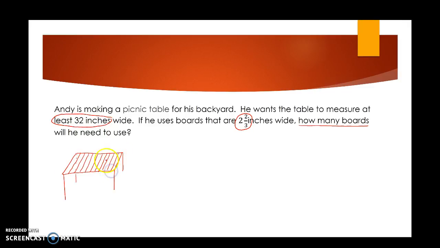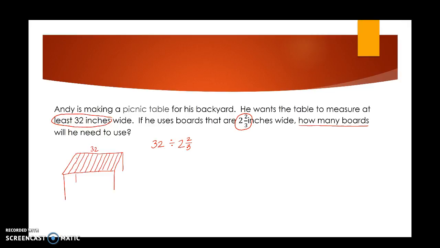So I'm cutting the surface, the entire measurement of the table, into pieces that are 2 2/3 each. So what operation? Division. Perfect. So I'm going to take 32 because that's what I'm dividing into smaller pieces. I'm going to divide it by 2 2/3.